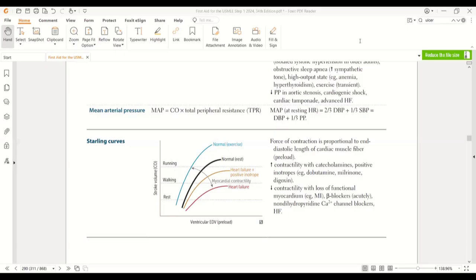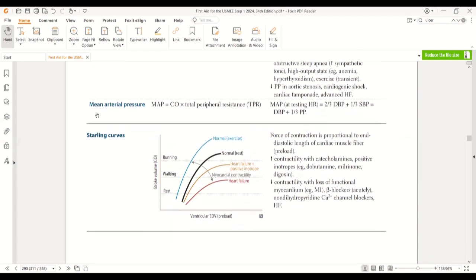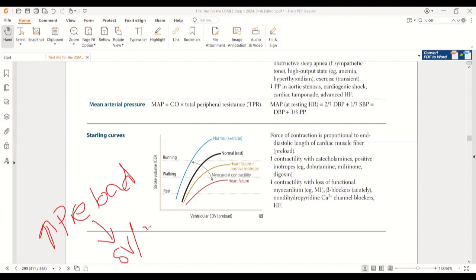These Starling curves are again high-yield curves. The Frank-Starling law says that if you increase the preload within physiological limits, you will increase the stroke volume or cardiac output, right? On the x-axis we have preload, and on the y-axis we have stroke volume or cardiac output.